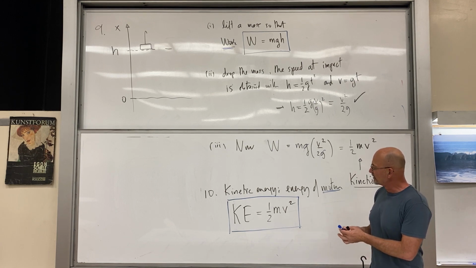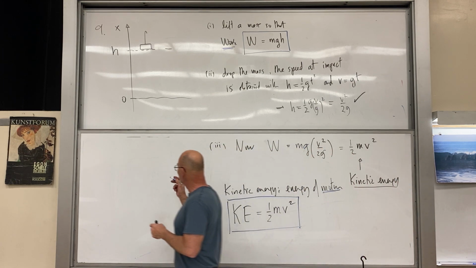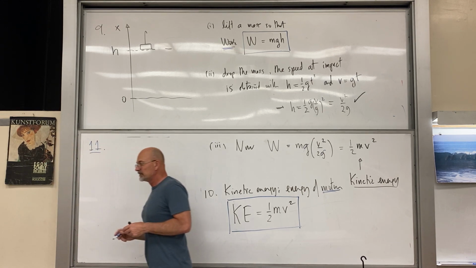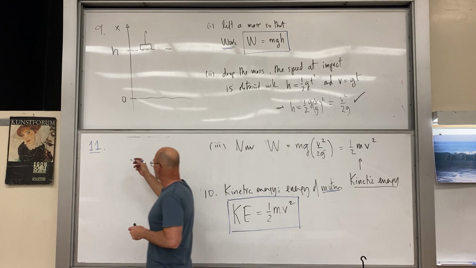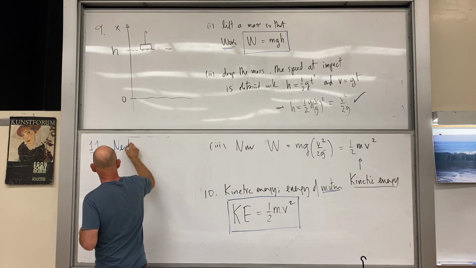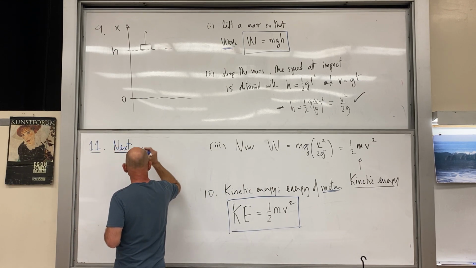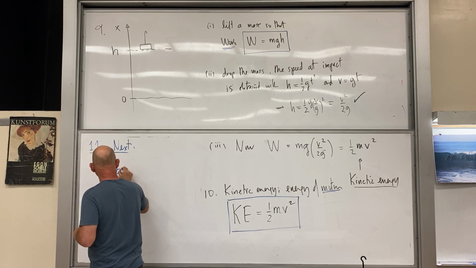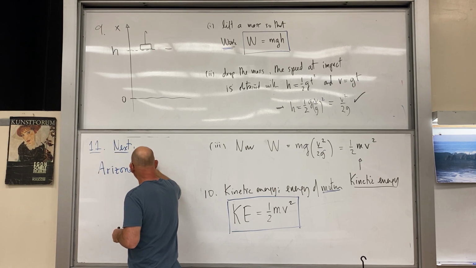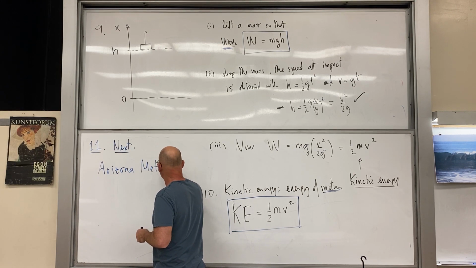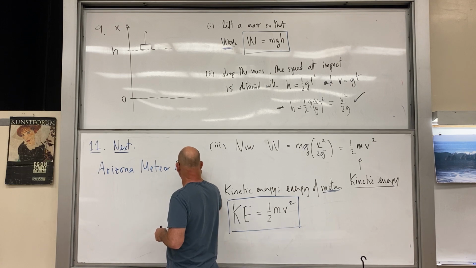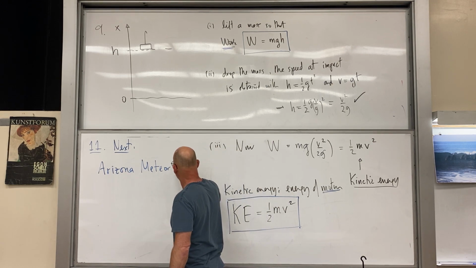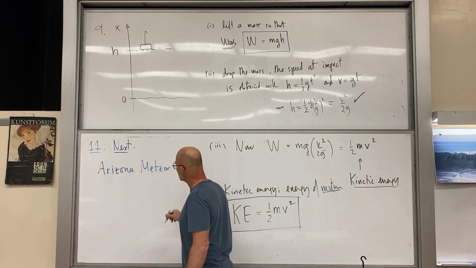So I'm just going to leave us with this idea, and I'll even start some homework on it already, namely to get some images. So I'm just going to write here next. The Arizona, pretty sure that's what it's called, or you can look this up, Arizona meteor crater. It's supposed to be a C, crater. Look this up.